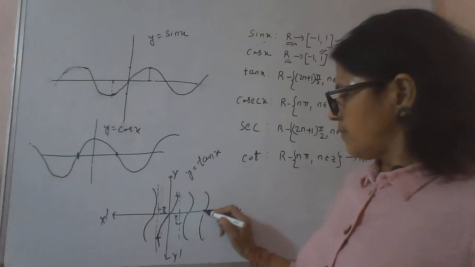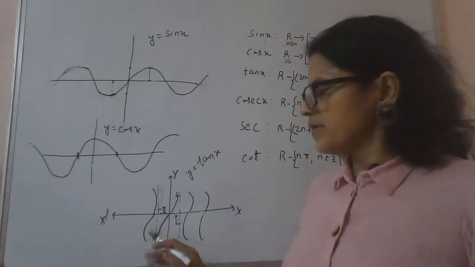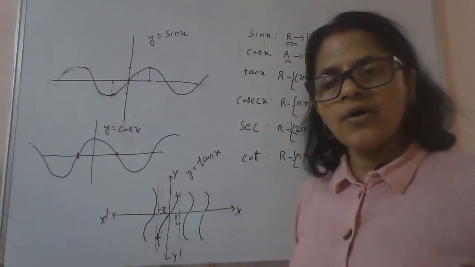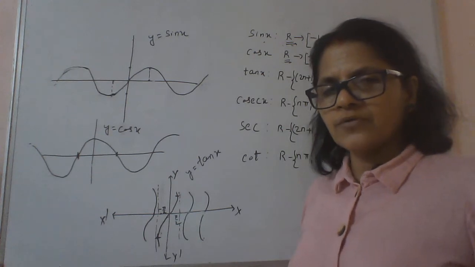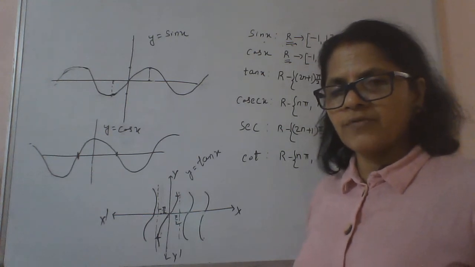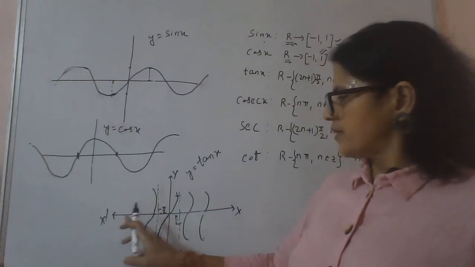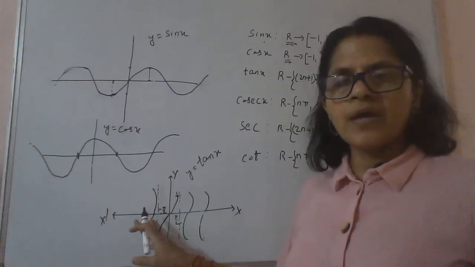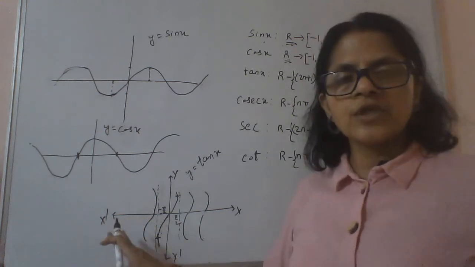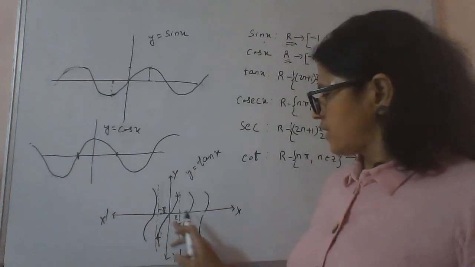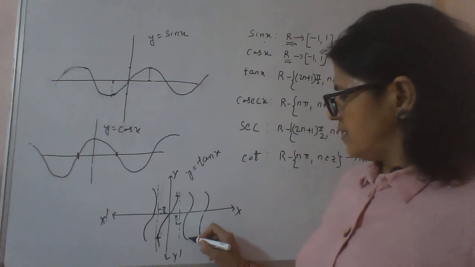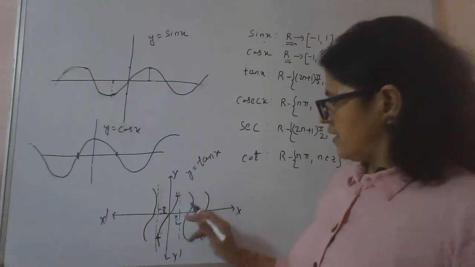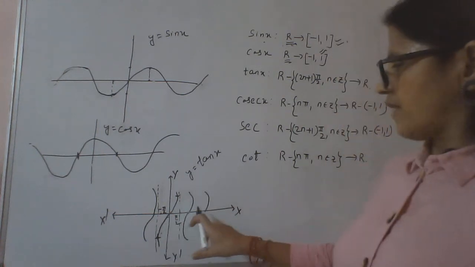Similarly 3 pi by 2 and so on. It means if you take any odd multiple of pi by 2, whether it is pi by 2, 3 pi by 2, 5 pi by 2 and so on, and in the negative direction minus pi by 2, minus 3 pi by 2 and so on, that's why the nature of the graph is like this. Otherwise, x can take any value except these values.